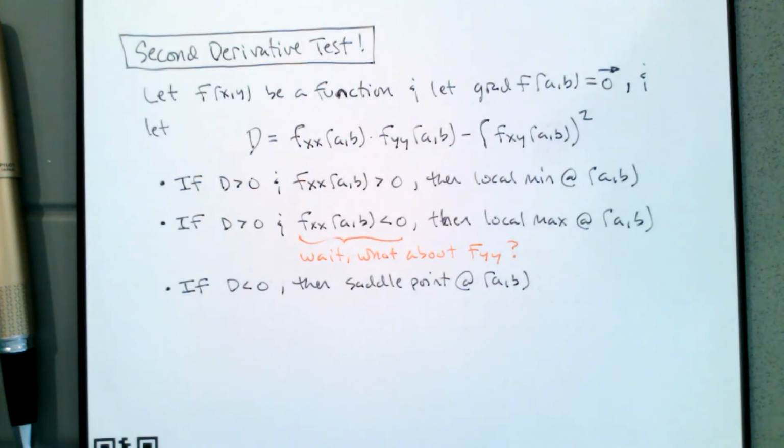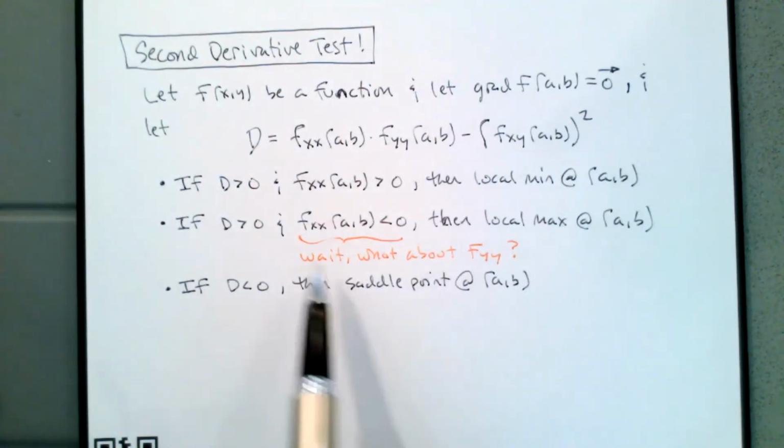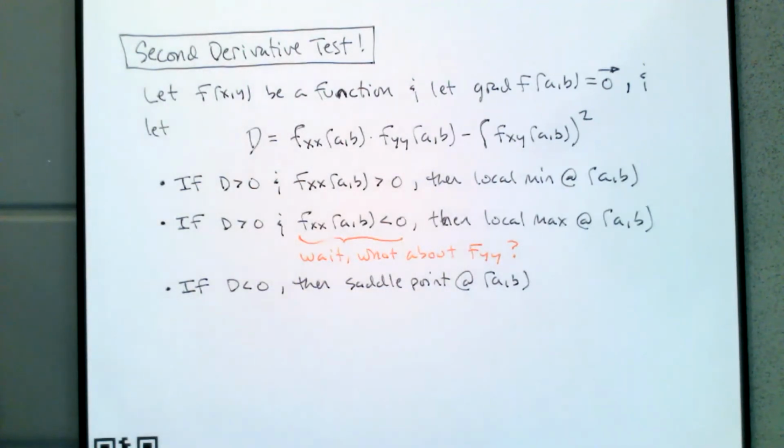We have left out a case here, but we should look at this and say, wait a second, if D is negative, then why don't we care about what's going on with the two second partial derivatives? But there is one case that we've left out so far. I've got D is positive, D is negative. That leaves out D equals 0.